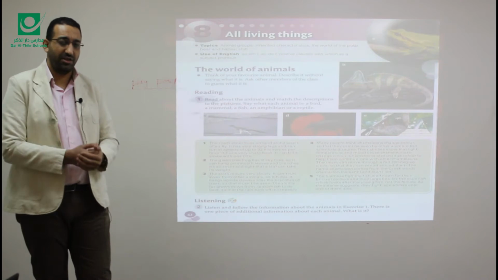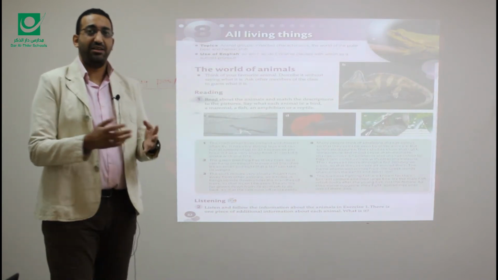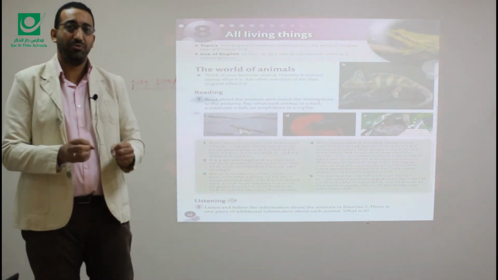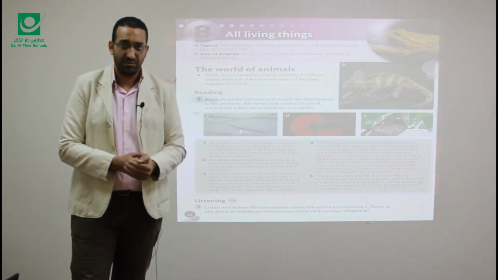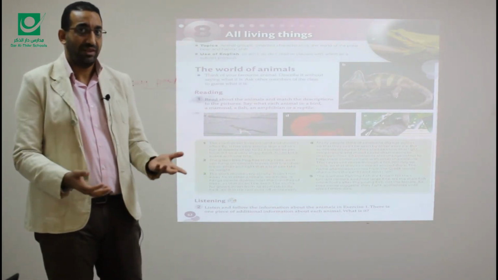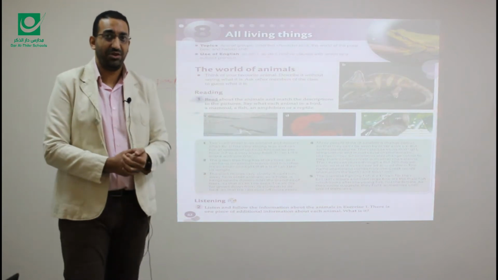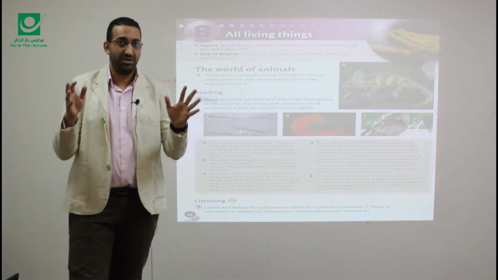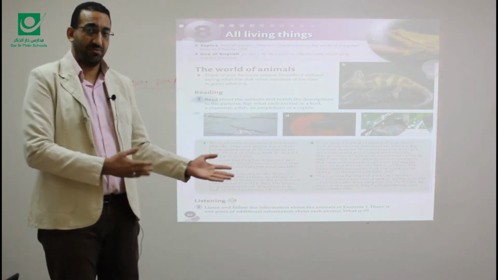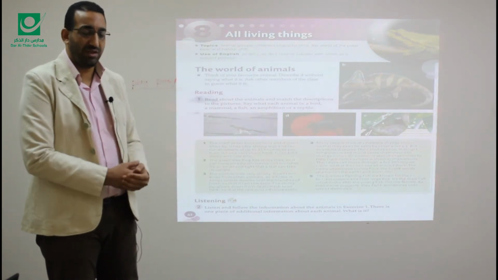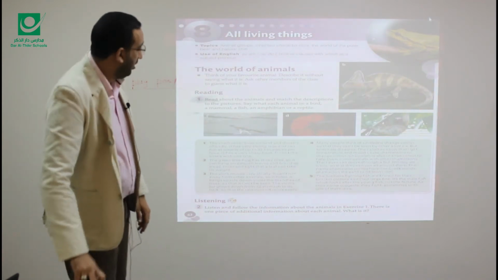So we have many types of animals. And which group does this animal belong to? For example, is it a fish, or if it flies, is it a bird or a mammal, or is it a reptile? Let's know the animal groups today.